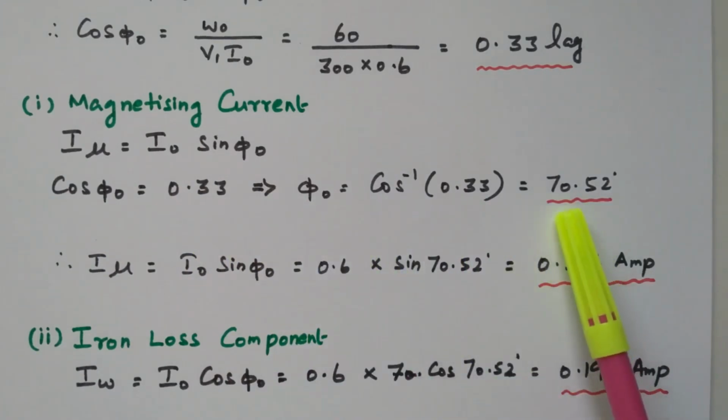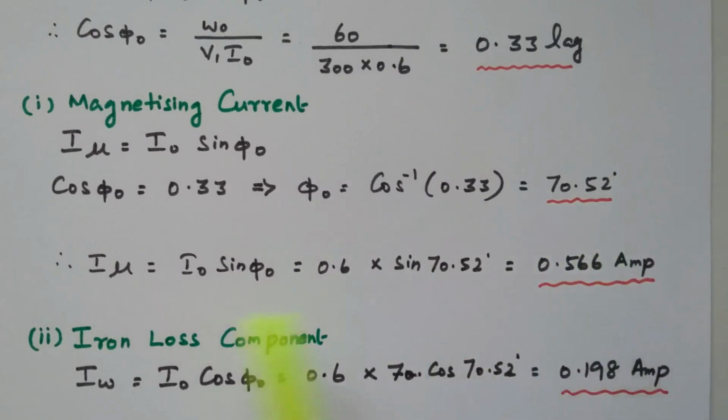So I mu equals 0.6 into sin 70.52, which gives 0.566 ampere. So the magnetizing current is 0.566 ampere.